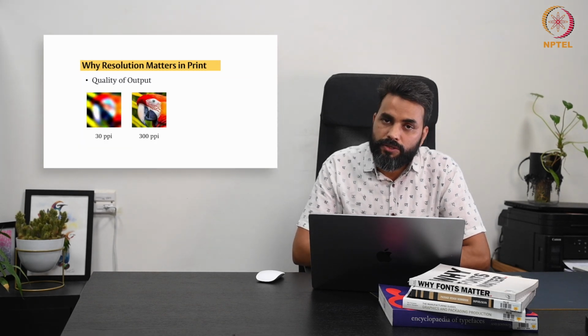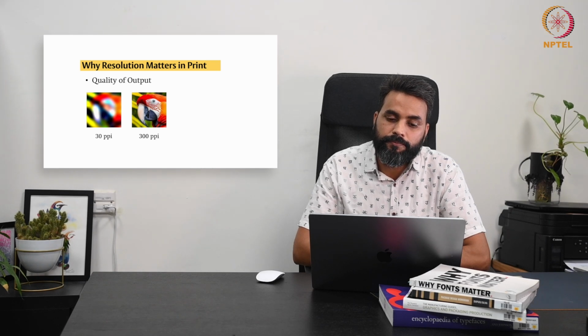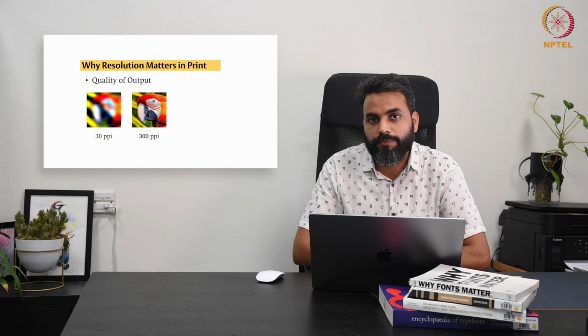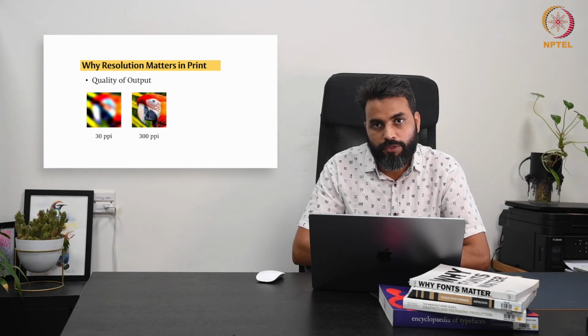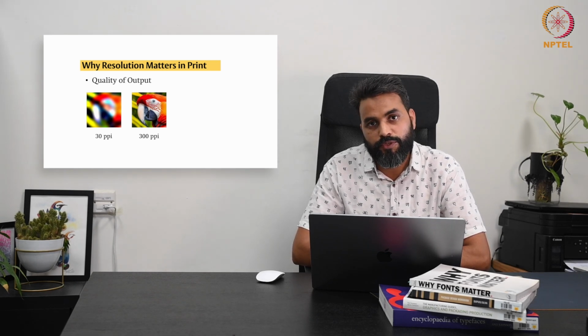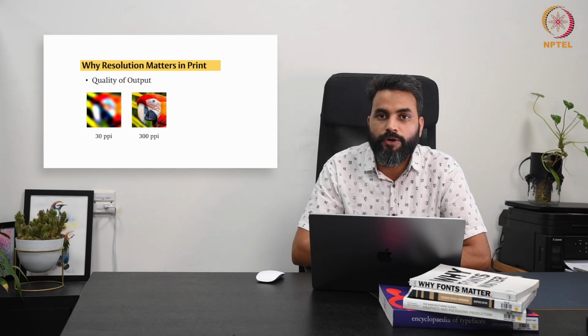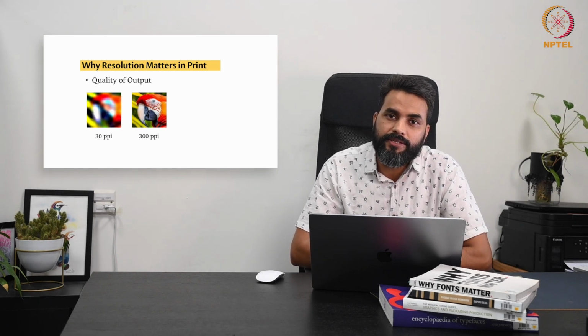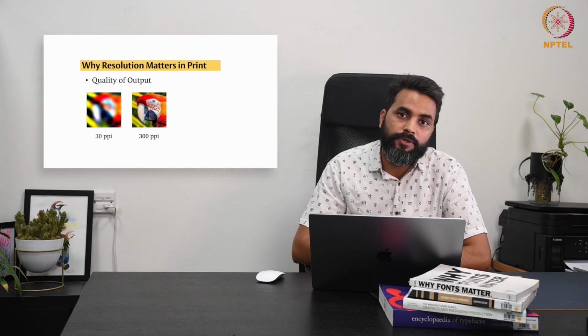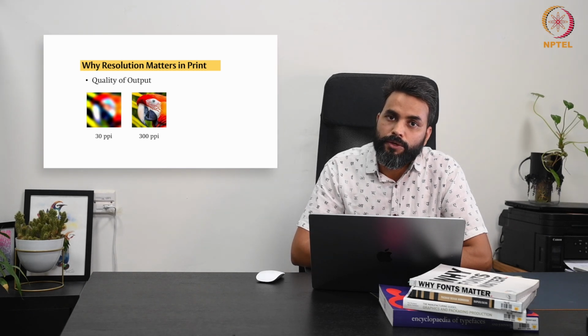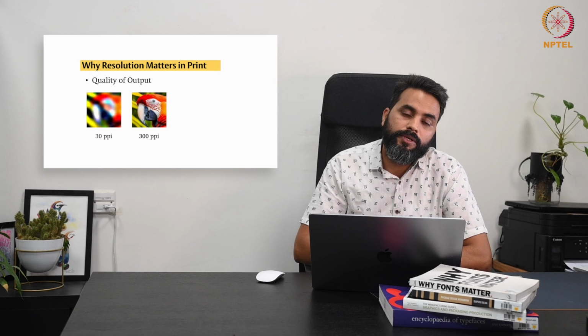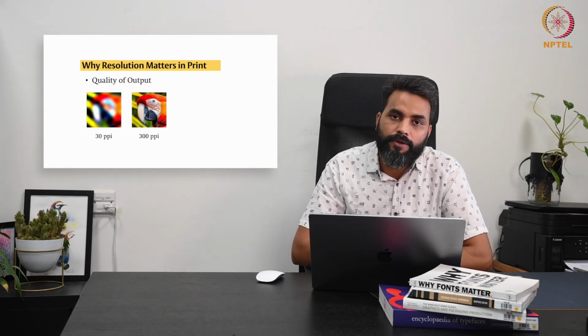Now, why does resolution matter in print? The reason is that it decides the quality of output. Low resolution images result in visible pixels, or jagged edges, reducing the professional appearance of the printed materials. So the quality of output will be compromised.